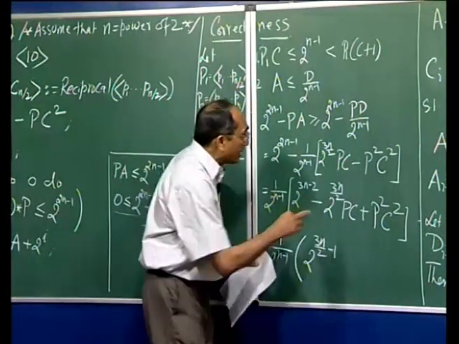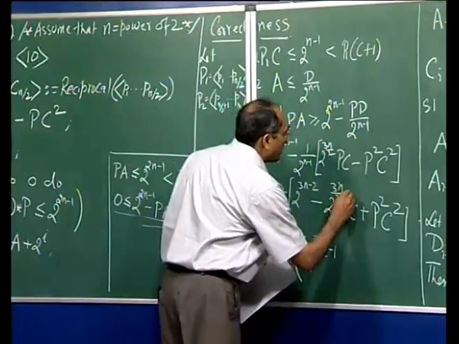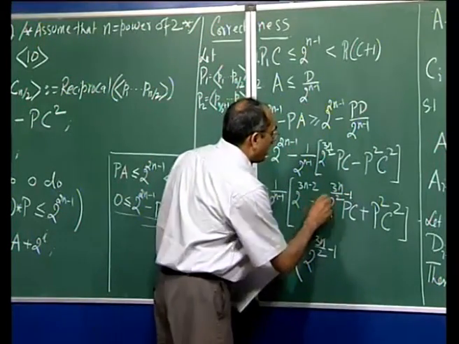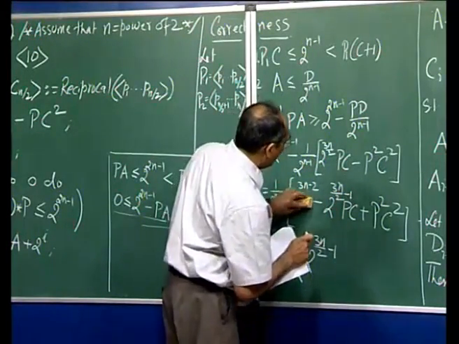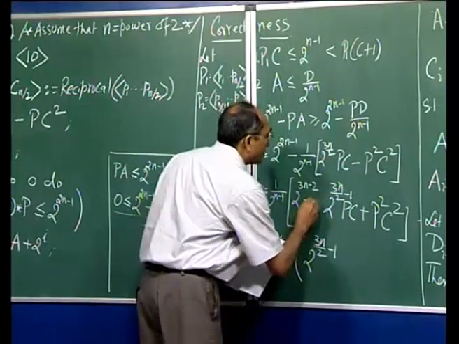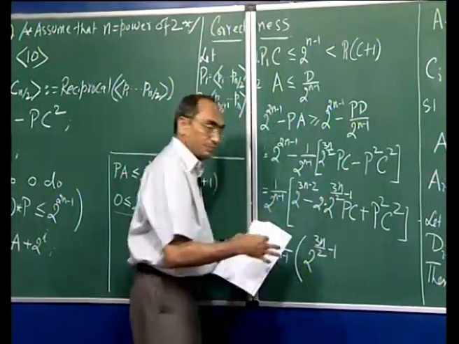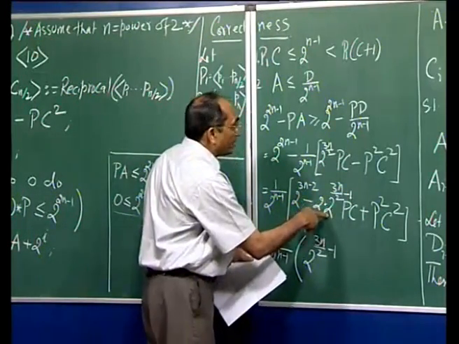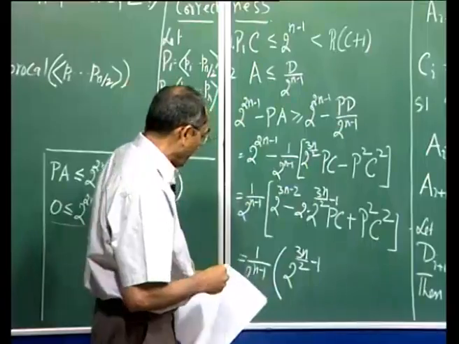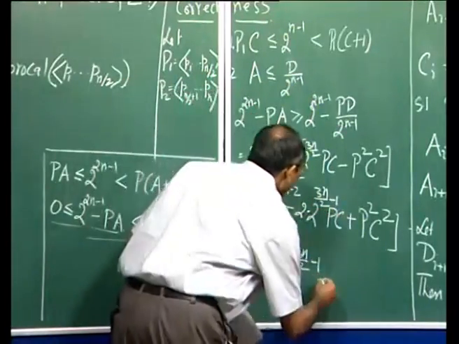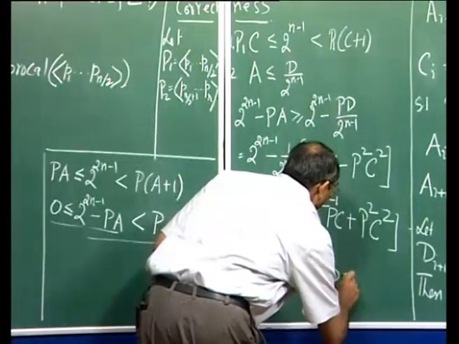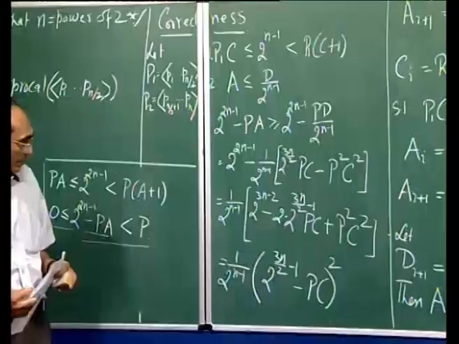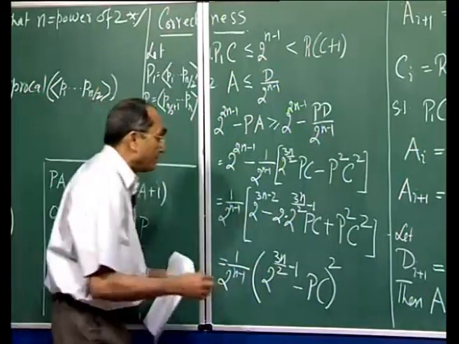Now, notice that I can replace this expression by minus 1 and put 2 there. I can express this by 2 times this. I just divided this term by 2 and put a 2 there. So, this looks like a whole square of this expression, and this is clearly non-negative.